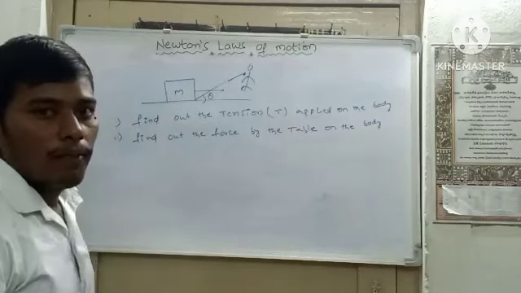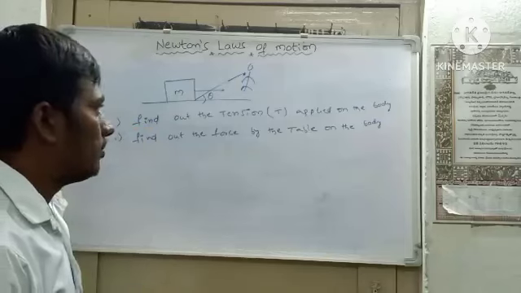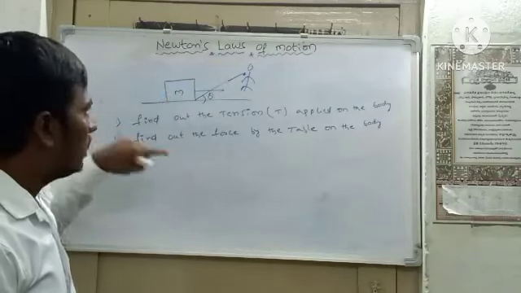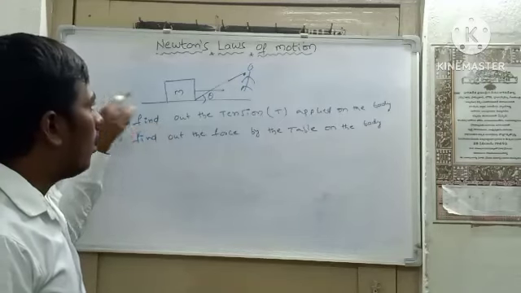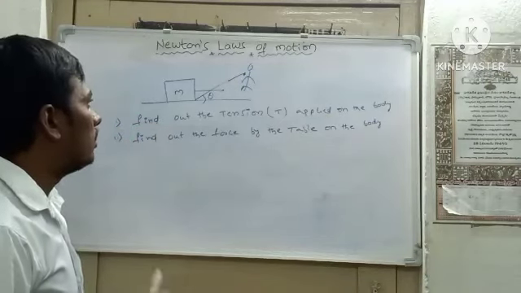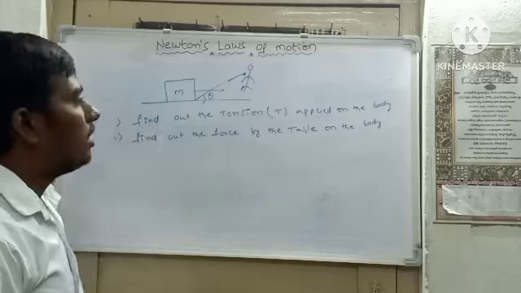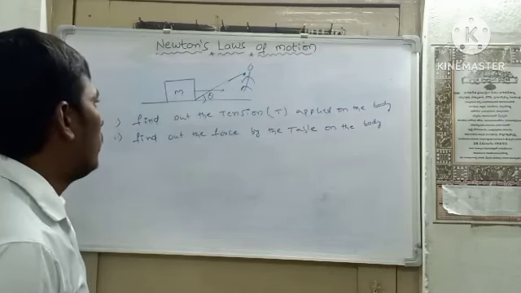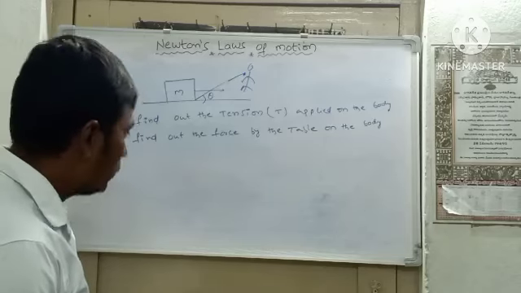Before I told 4 steps. First, select the body, and next identify all forces acting on the body. Third one is making free body diagram. Fourth one is choose axis and write equations.